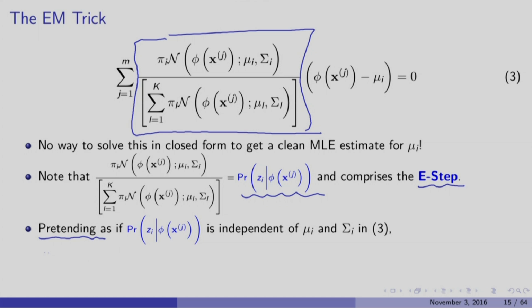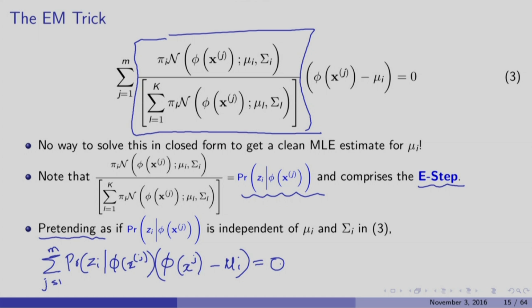What will that amount to? Well, we need summation j equals 1 to m of the probability of zi given phi xj times phi of xj minus mu I to go to 0.